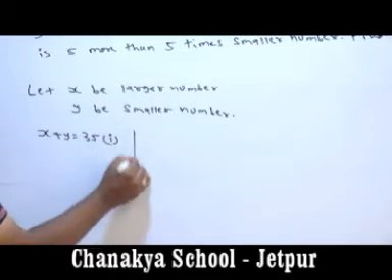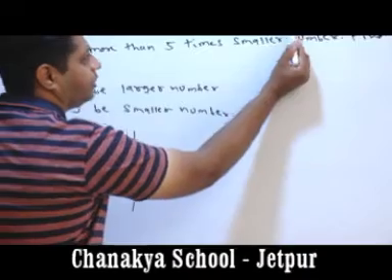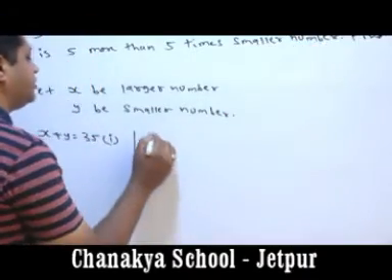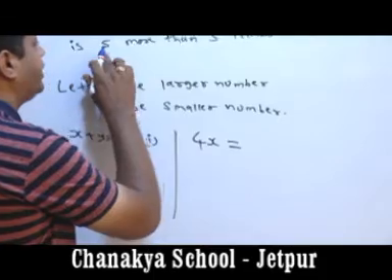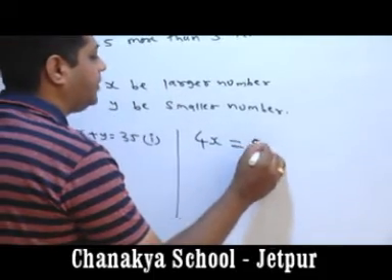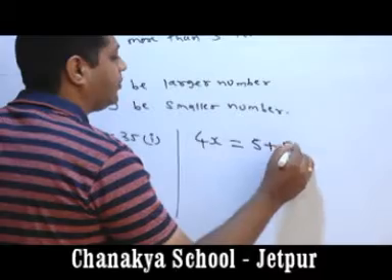Equation number 1. Okay, 4 times the larger number. Here the wording is already given in the question. 4 times larger number, that is 4x, equal to 5 more, that is 5 plus 5 times smaller number, that is 5y.